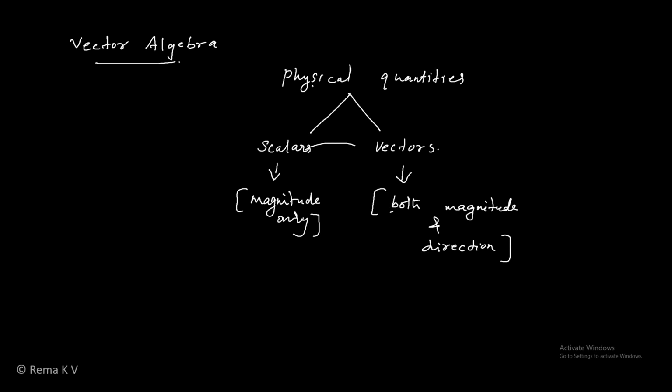Okay, so physical quantities are of two types: scalars, having magnitude only, and vectors, which are physical quantities having both magnitude and direction. So you can note down this.